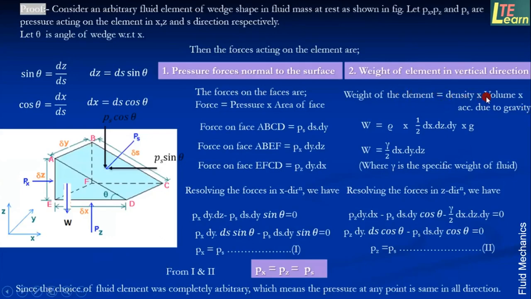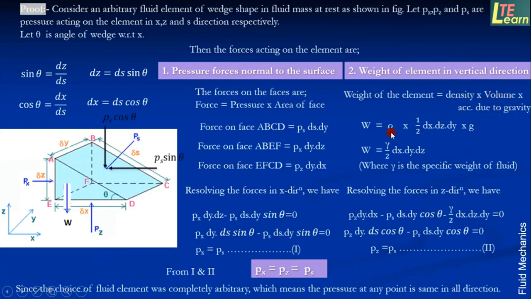But how do we write mass? We know that density is the ratio of mass upon volume. So mass will be replaced with density into volume. So the weight of the element will be equal to density into volume into acceleration due to gravity.